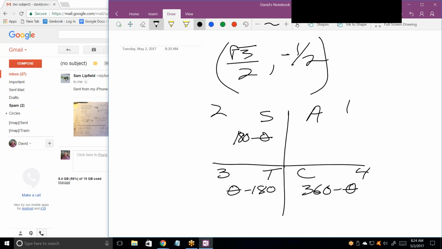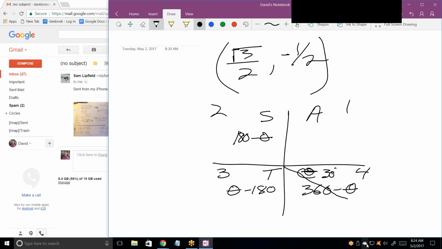Okay? Now, if I draw that angle, they're saying the cosine of this angle, there's the reference angle, is square root of 3 over 2. Well, what angle is the cosine of that angle equal to square root of 3 over 2? 30.